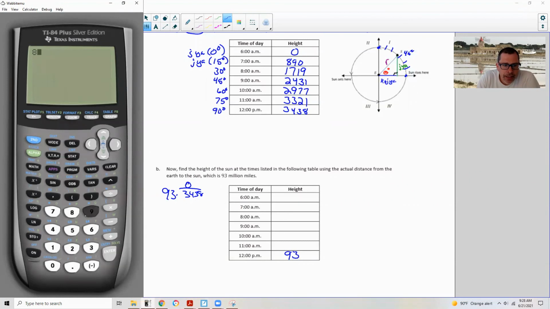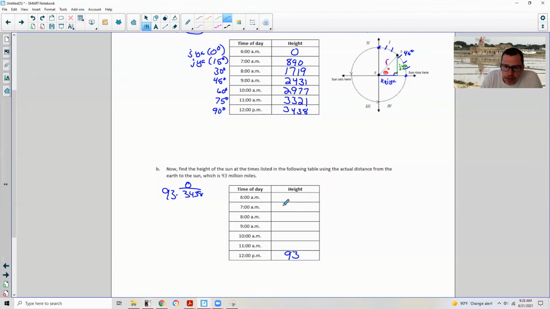So if I take 890 times 93, that's 82,770. So then if I divide that by that 3438, okay, that will give me 24.07, or rounding that to 24.1. So this is 24.1. This was 0.